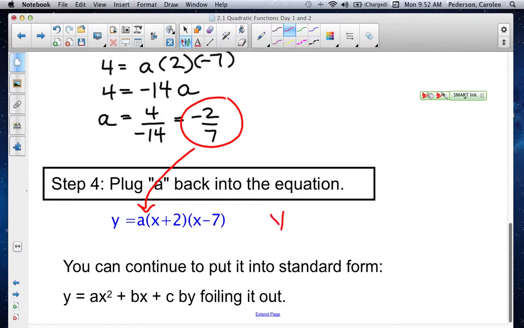So to replace that A, your answer is going to be y equals negative 2 sevenths, x plus 2, x minus 7. In your first part of your homework, they do ask you to have the final answer in standard form, so you'd have to FOIL it out. So when we're FOILing this out, do we do the 2 parentheses first and then distribute? Correct. You multiply the 2 parentheses first, and then distribute the negative 2 sevenths through. There's the first problem. I'm going to stop the video there, and then we'll move on to the next example, the next video part.